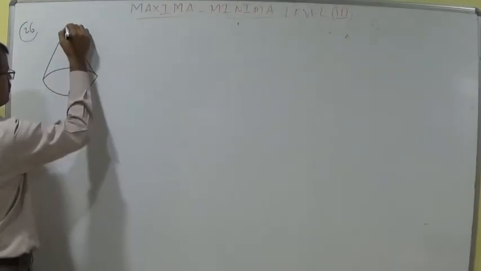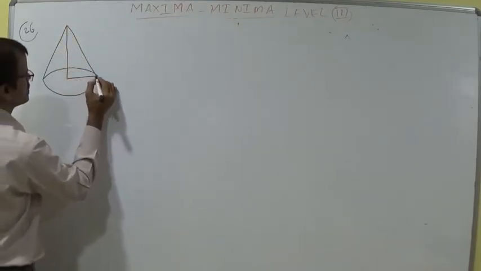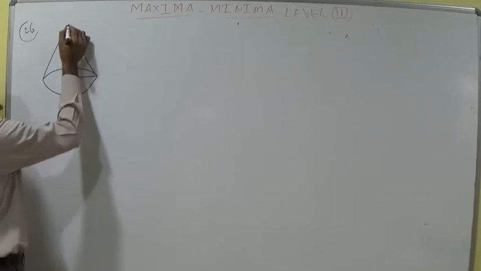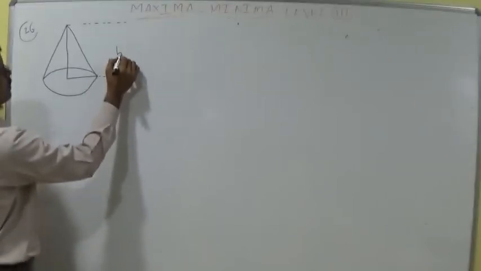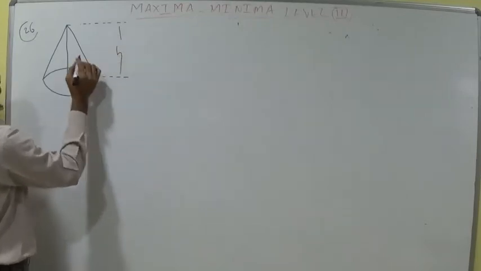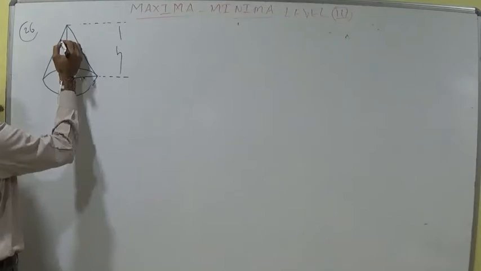This is a cone. This is the radius of the cone. The total height of the cone is h. This is the base radius of the cylinder, maybe it is r. This is the total height.